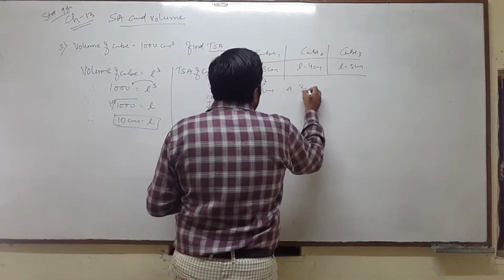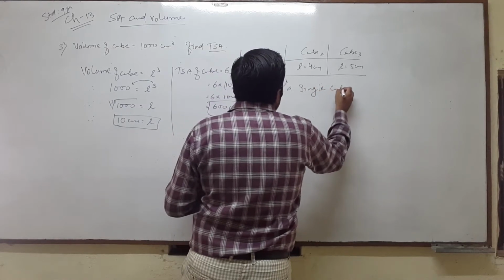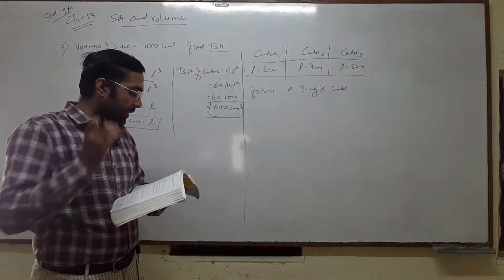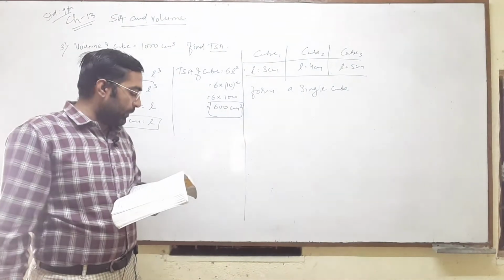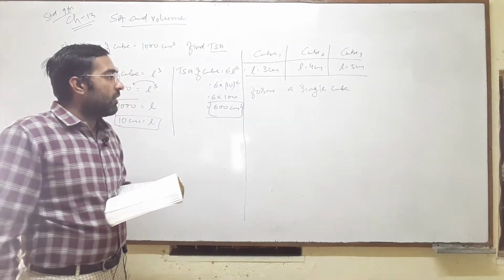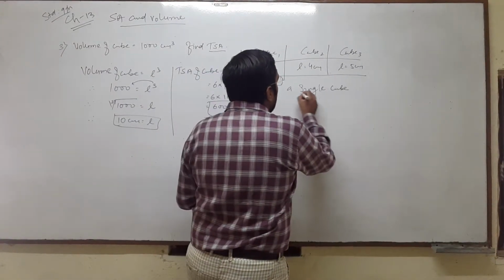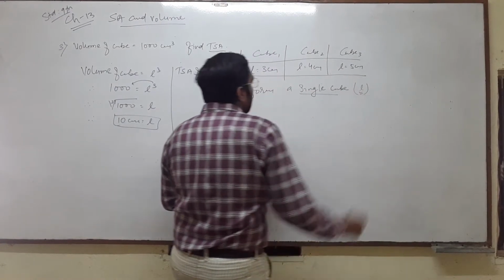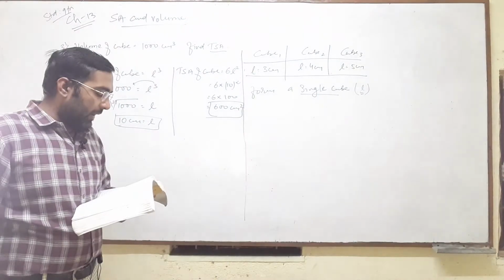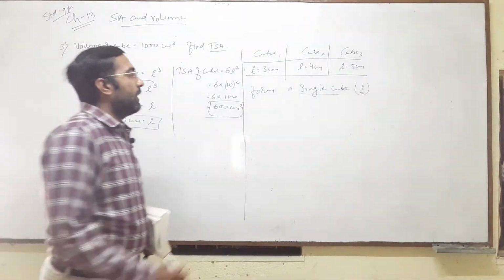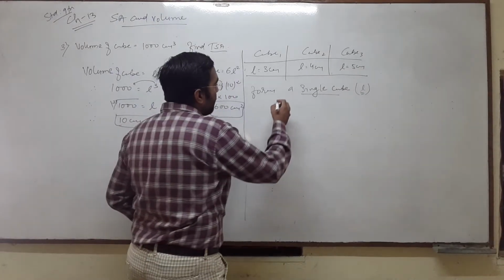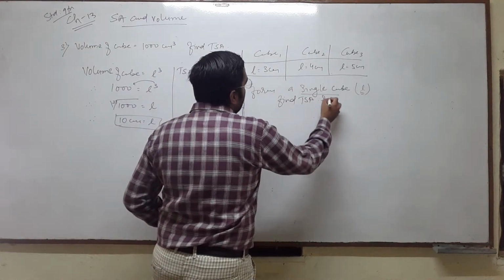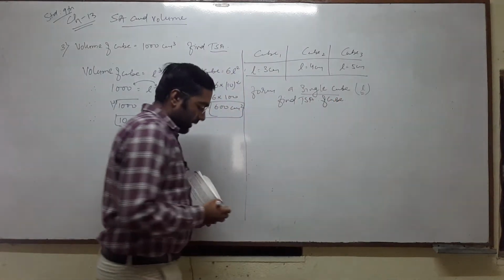After melting all of these 3 cubes to form a single cube, find its edge, that is find the length of this single cube, and also find the surface area of the new cube. That is my total surface area of cube.